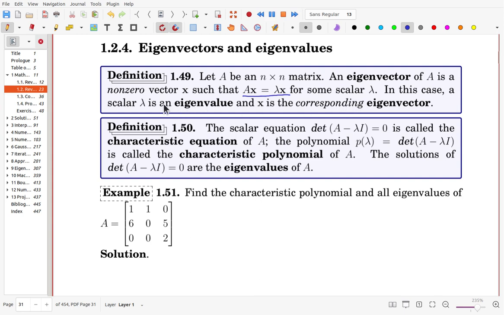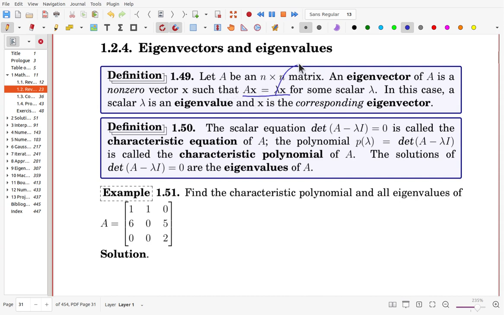In this case, lambda is an eigenvalue and x is the corresponding eigenvector. Of course, the eigenvector must be non-zero. Once x is 0, then for arbitrary lambda it is always satisfied, so zero vectors are excluded from eigenvectors.